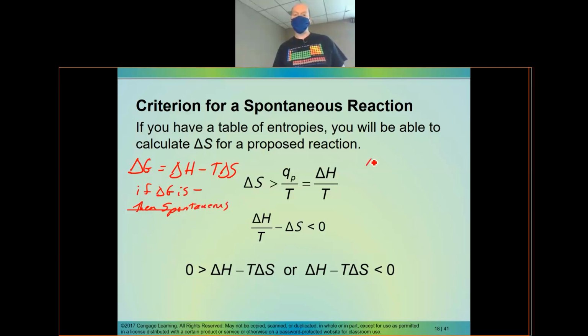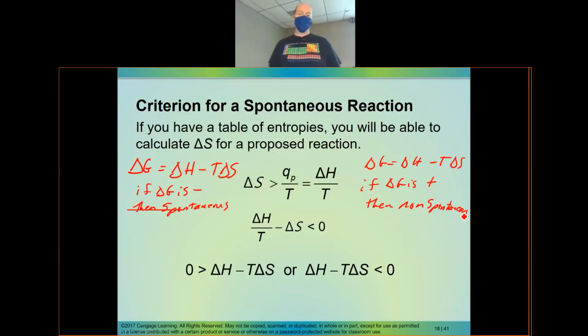And when you calculate your delta G equals delta H minus T delta S, if you get a delta G that is positive, then it is non-spontaneous. All right, so again, we did water freezing.